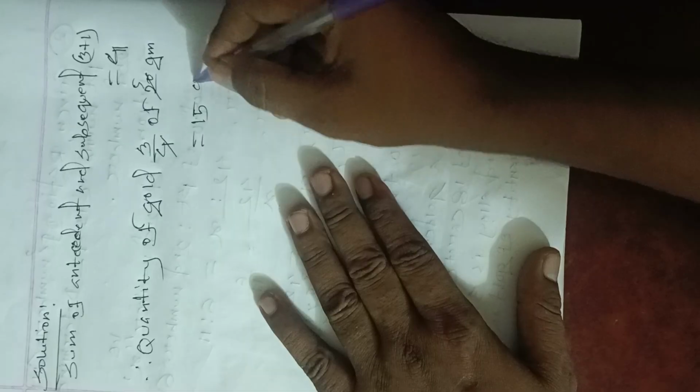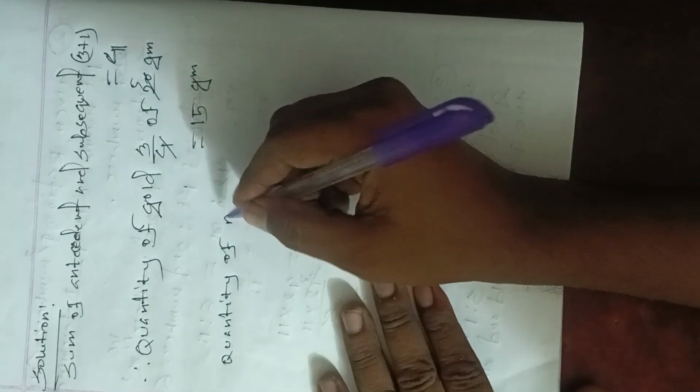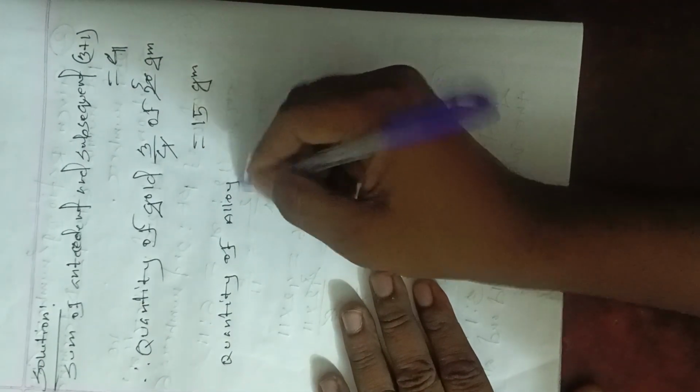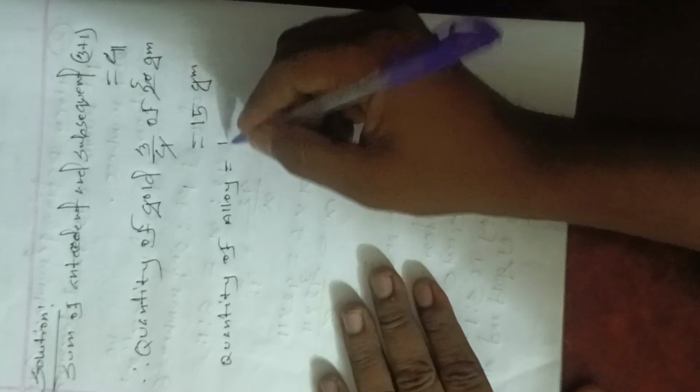So the quantity of gold is 15 gram, and the quantity of alloy equals 1/4 part.